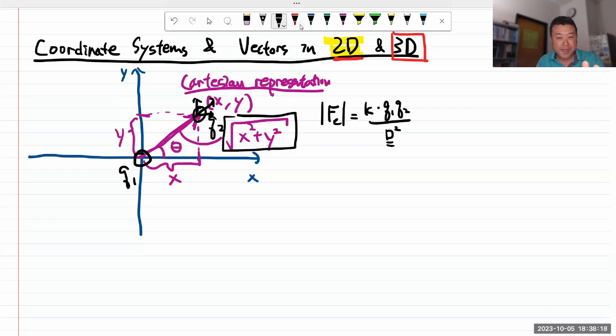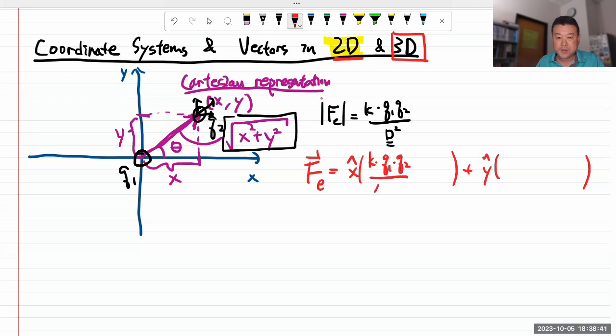So with all that, the vector description of that electric force in the Cartesian representation, where I write down the x component and the y component separately, is going to look like the magnitude here, k q1 times q2 divided by the distance squared, that'll be x squared plus y squared, times, and I'm just going to write this down without explanation, x over square root of x squared plus y squared.